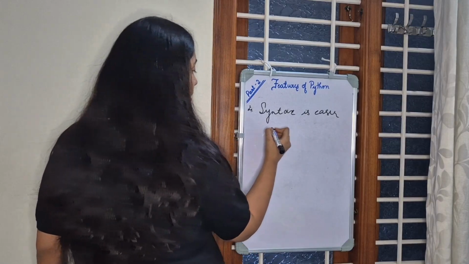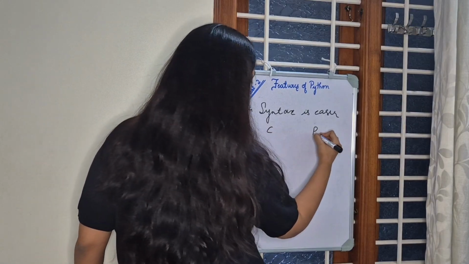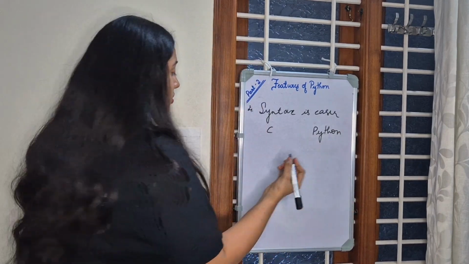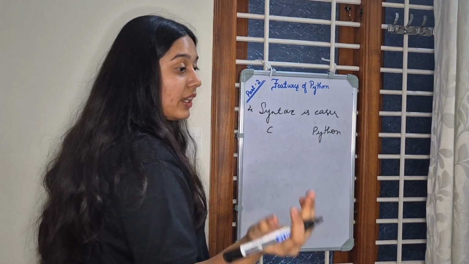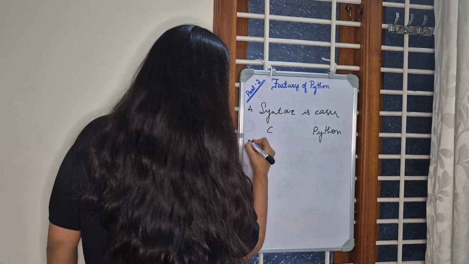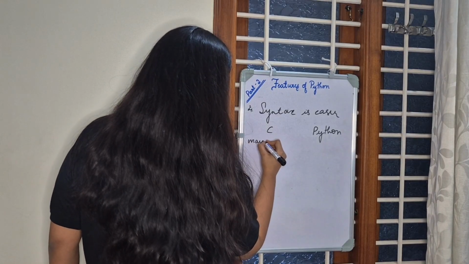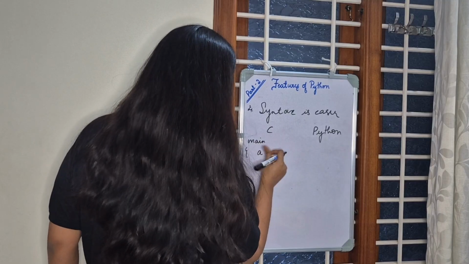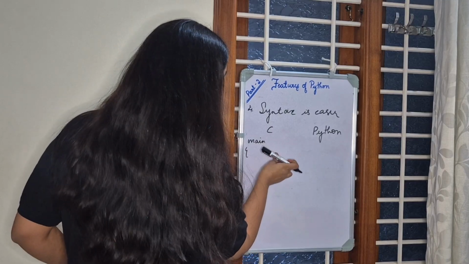So what happens? For example, I'll write C here, Python here. Now I want to print A plus B. That I took as an example. Here I have to write the main function. It's not even a dynamic language.